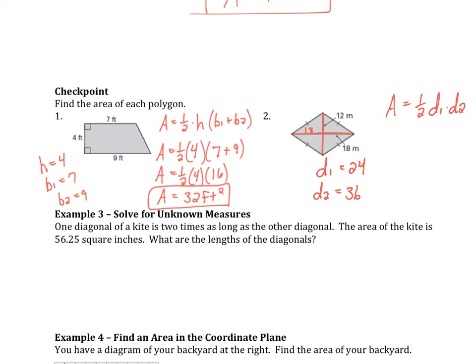Because each of these is 18, and each of the vertical ones is 12. So we end up with area 1/2 times 24 times 36. So 1/2 times 24 times 36 is 432 meters squared.